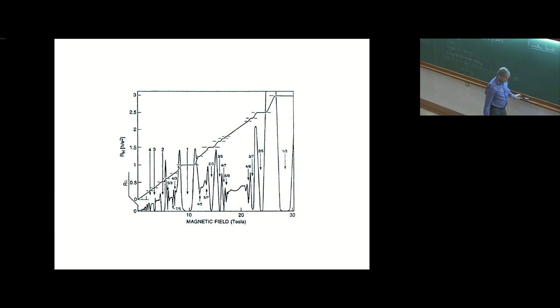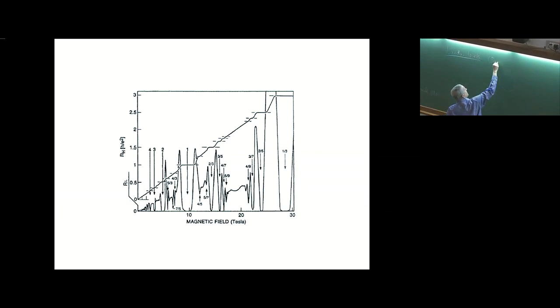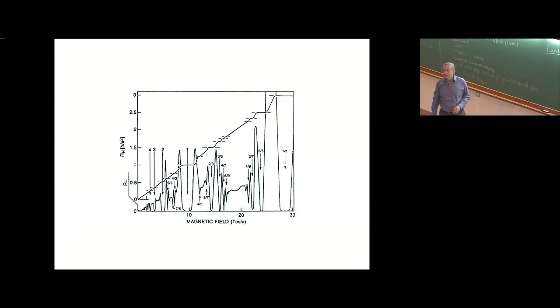We'll see it's a very simple problem. The solutions of this are called Landau levels. In fact, it was solved a couple of times even before Landau by these two gentlemen, Darwin and Fock.